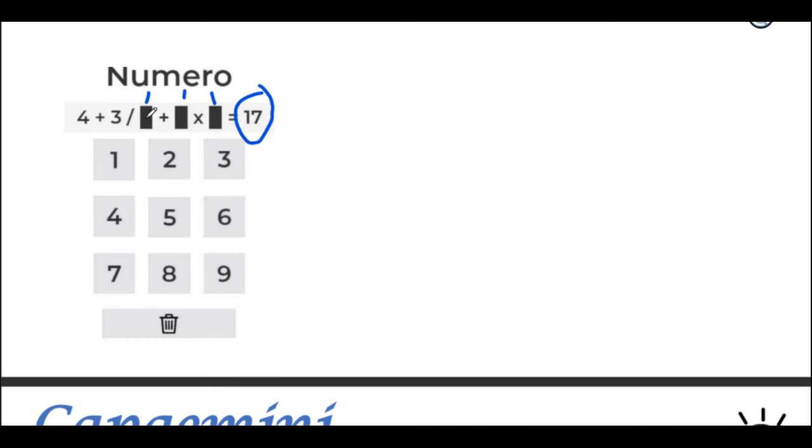For example, if we choose 3 here, and here we can choose 3 divided by 3, which is 1, 1 plus 4 is 5, 5, which means we have to calculate 12 here. So we can choose 6 multiplied by 2 to get 12.